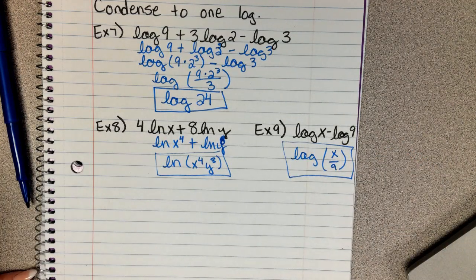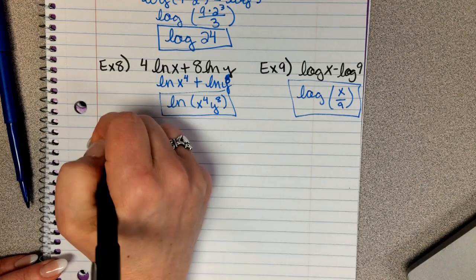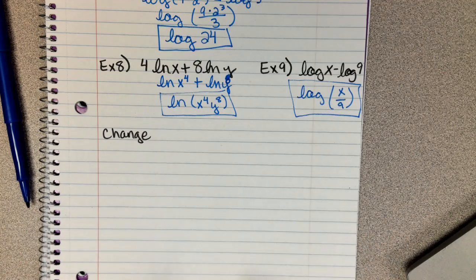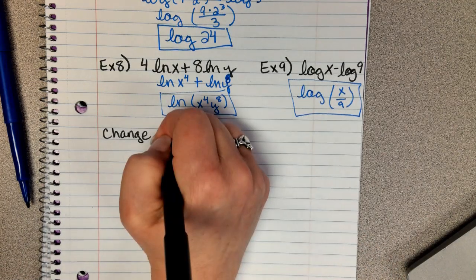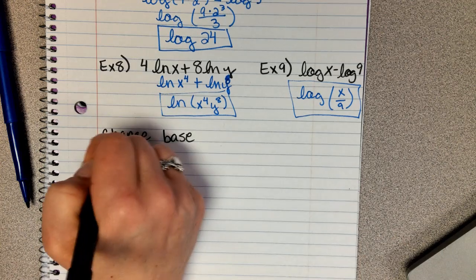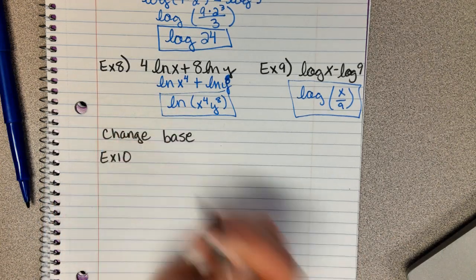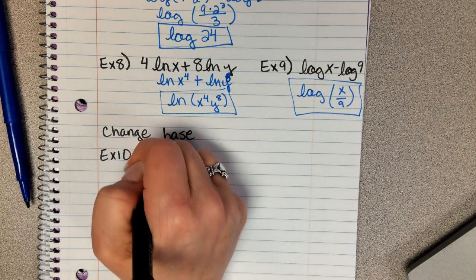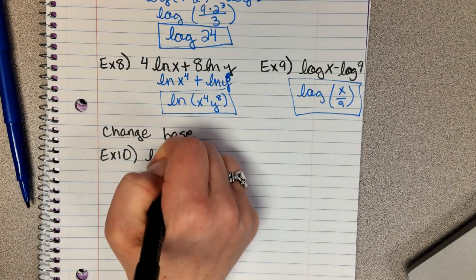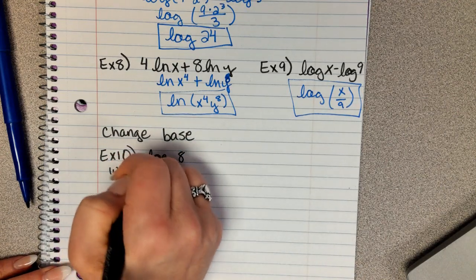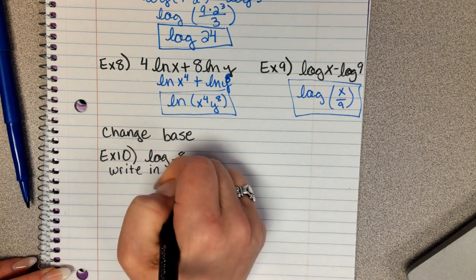The last thing we need to look at is change of base. So let's change the base. Let's see, example 10. Let's say I have log base 3 of 8, and I want to write it as a common log.